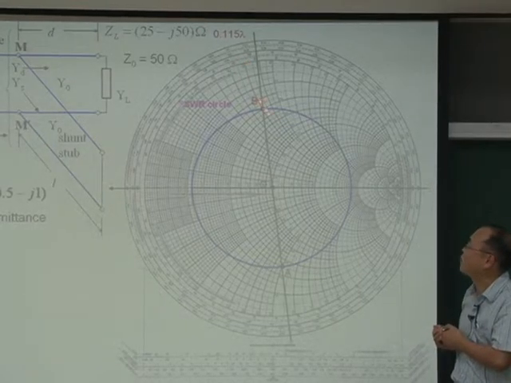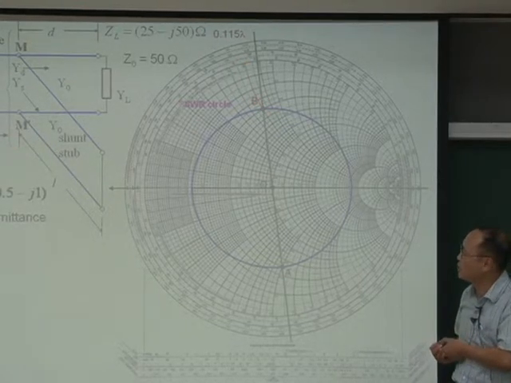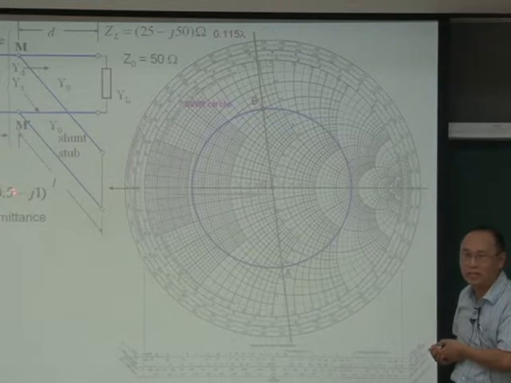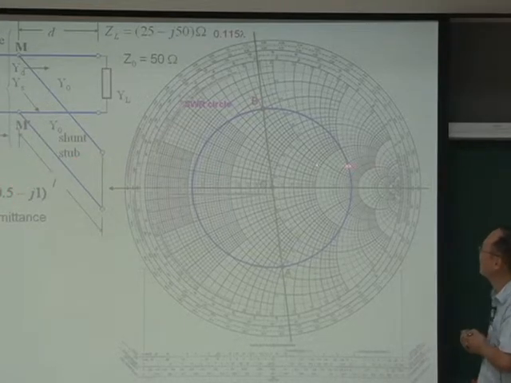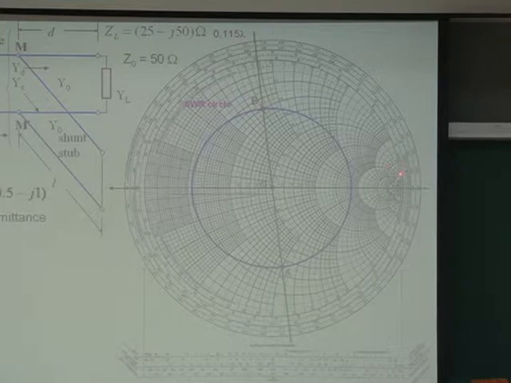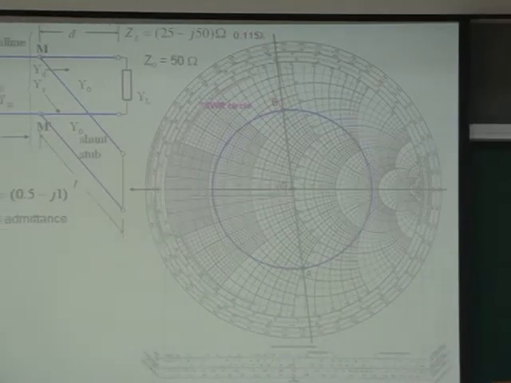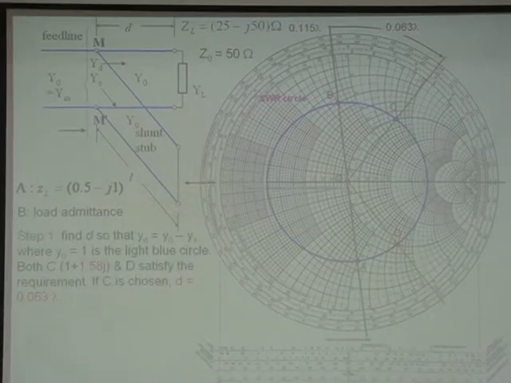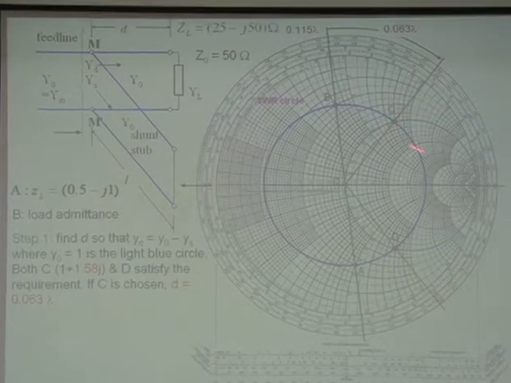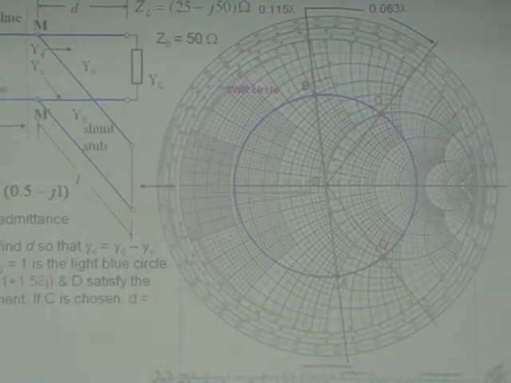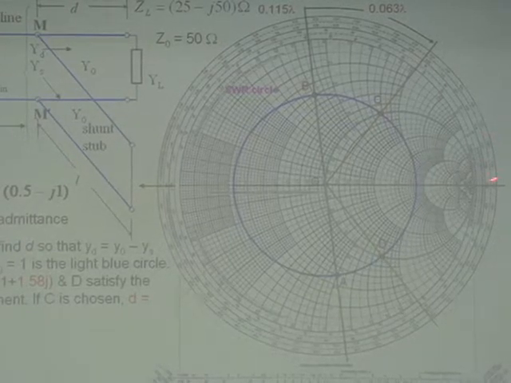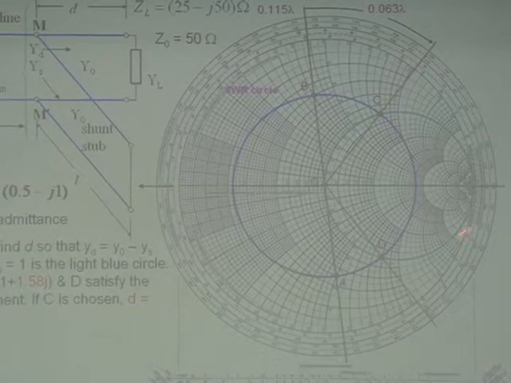We care about the real part, which must become 1. The circle of 1 is this light blue circle, so you have to move B to this point or this point.